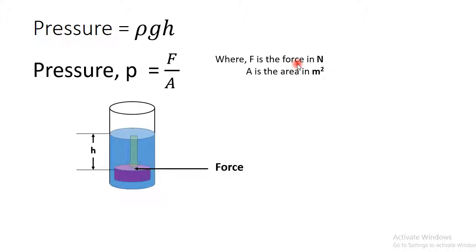If we look at this container, you can see that we have the water in the container exerting force on this coin. The column of the fluid, indicated by the letter H, is the weight of the water acting on the surface of the coin. So we have the force of water being exerted onto the surface of the submerged coin.